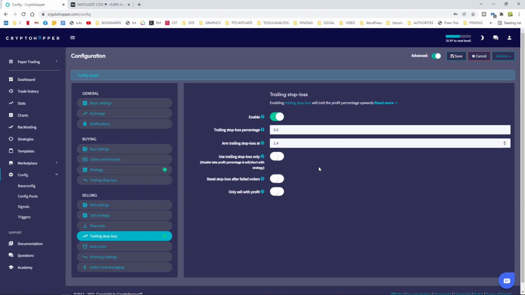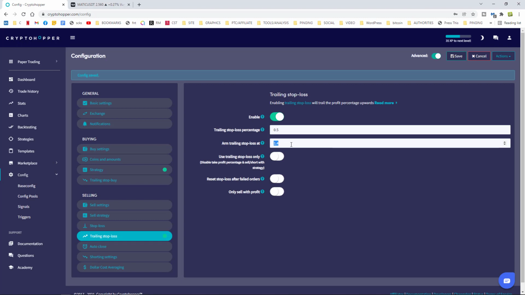They call it trailing because it follows it up. So Bitcoin could go up 10%, and as long as along the way it did not drop 0.5%, you would get probably 9.5-ish% on that position. However, in the beginning, that's how I had it set up, and it was too conservative, not greedy enough, basically.